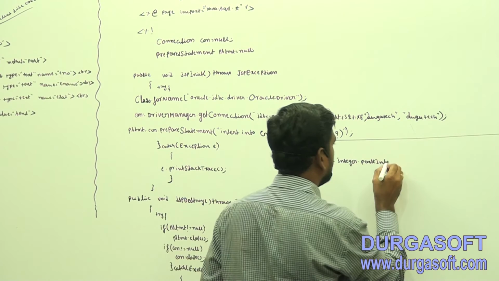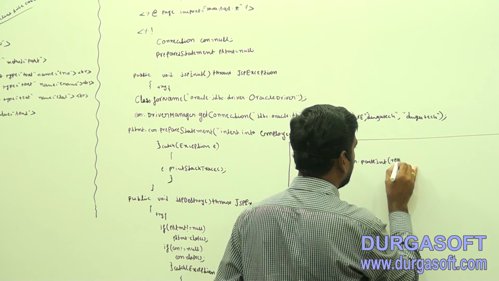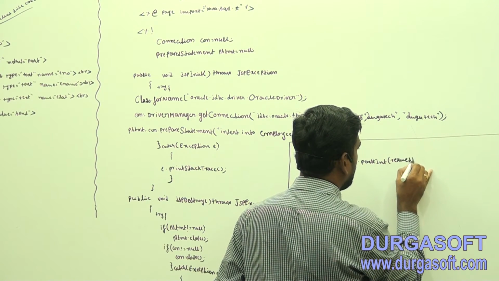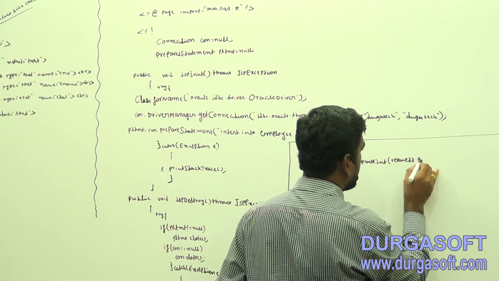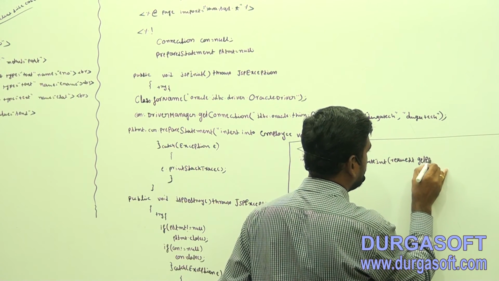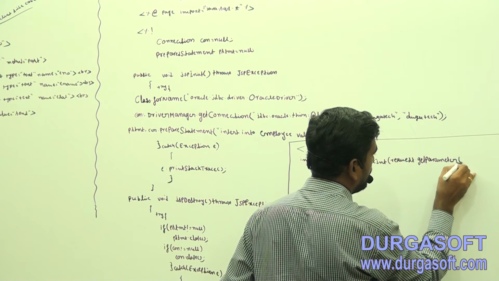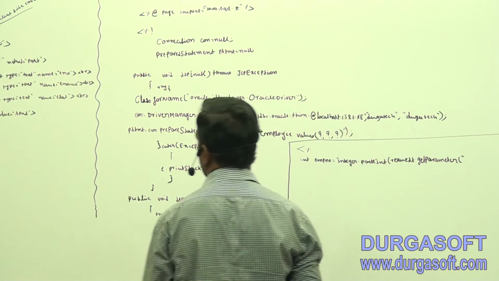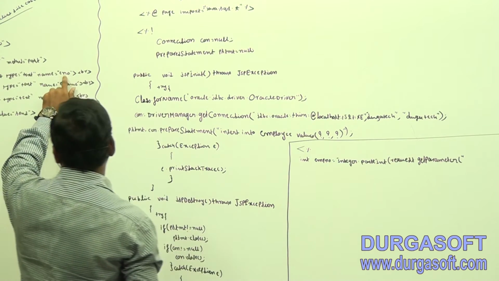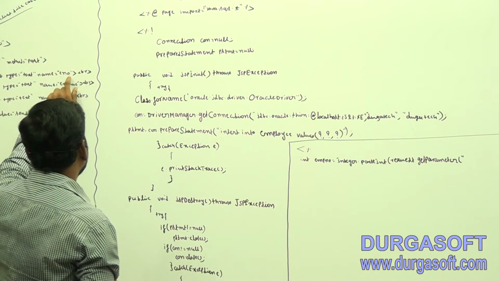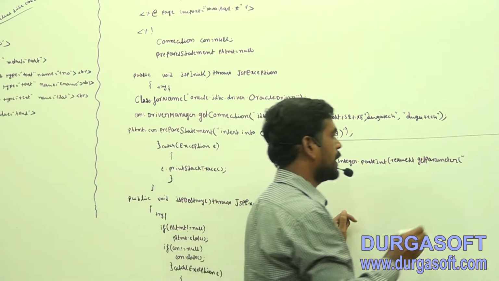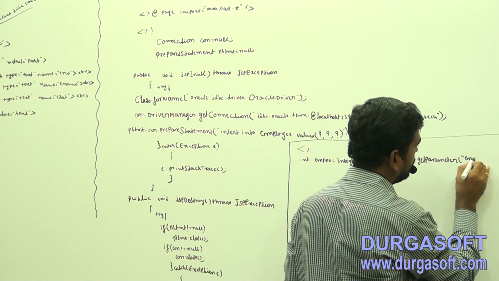Of request dot, the implicit object request dot getParameter of what is the parameter name here? eno. Okay, eno, you can take eno.